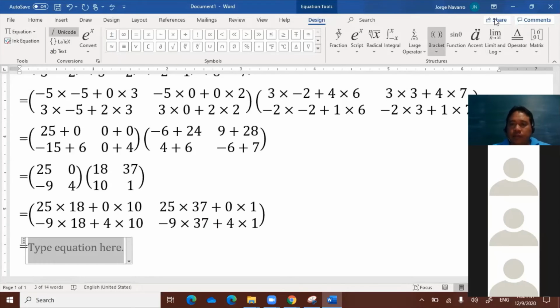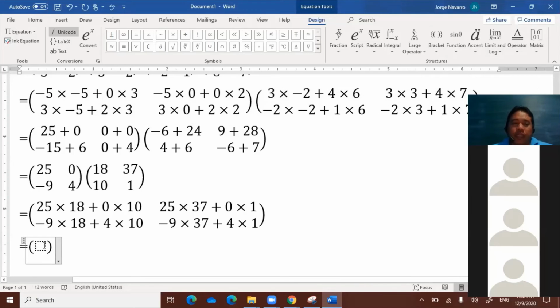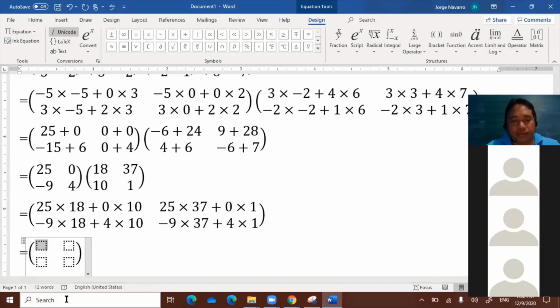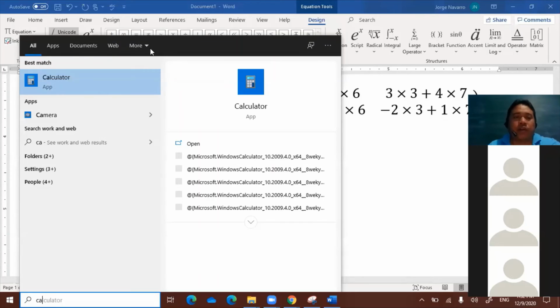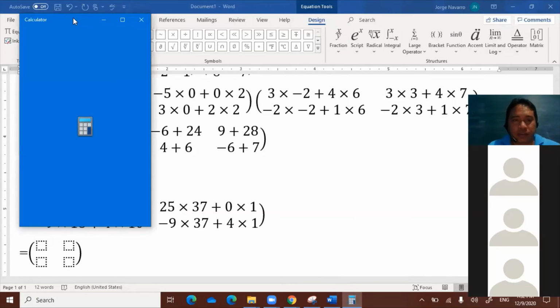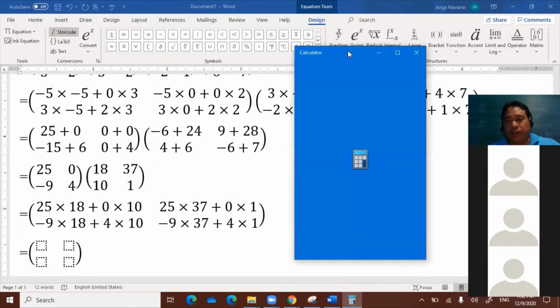So let me get the bracket. Now this is the thing with Word, Word cannot calculate that for you. So you need to do the calculations yourself, okay? So 25 times 18. Since we're not on the board, I'm gonna take my calculator. Right now I'm just showing you that all devices have that.